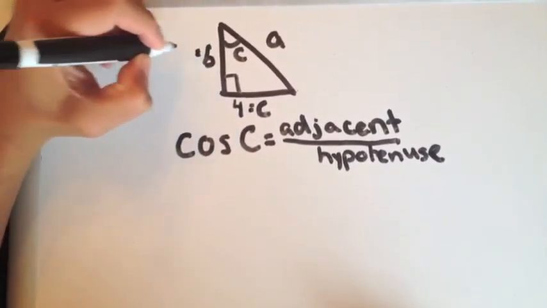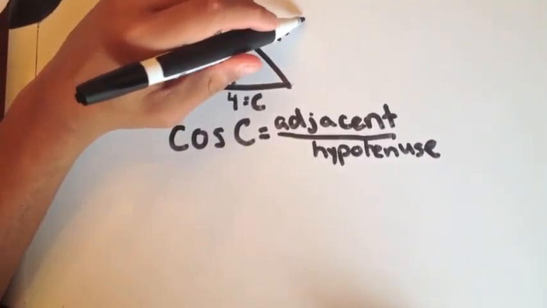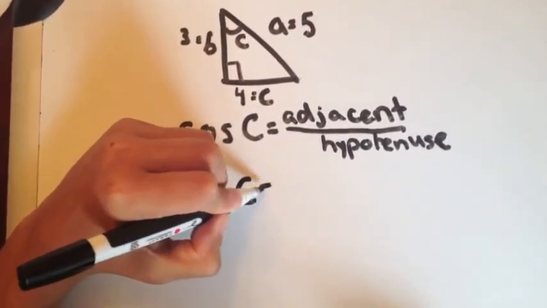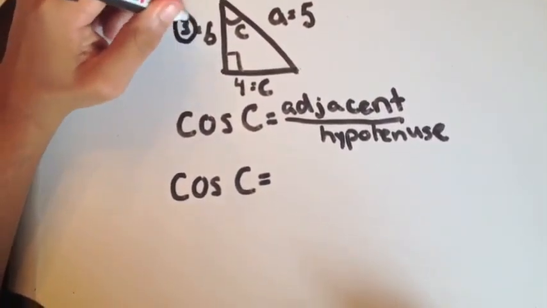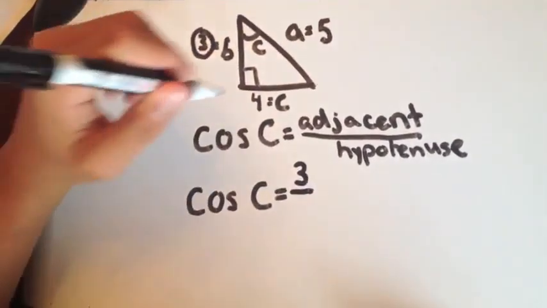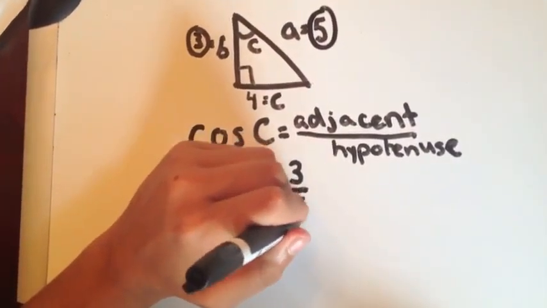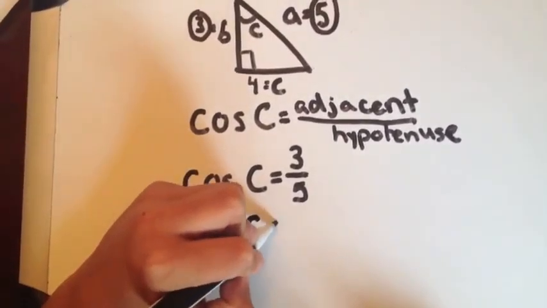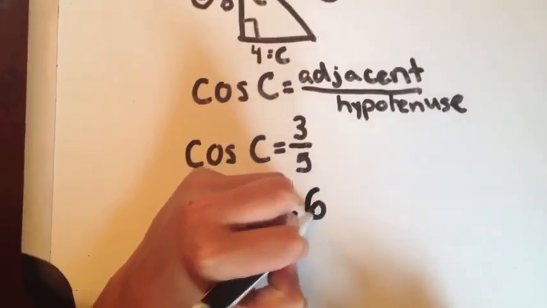So if c is 4, b is 3, and a is equal to 5, the cosine of c would be equal to 3, which is the adjacent side to c, over 5, which is the hypotenuse of this triangle. So thus the cosine of c will be equal to 0.6.